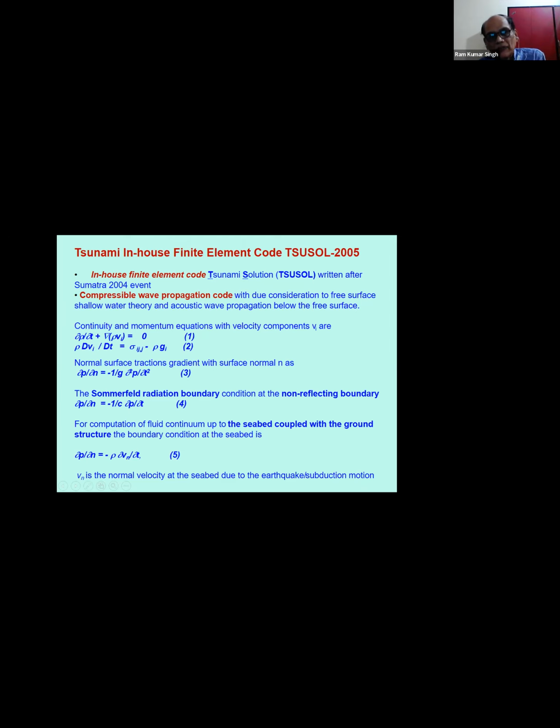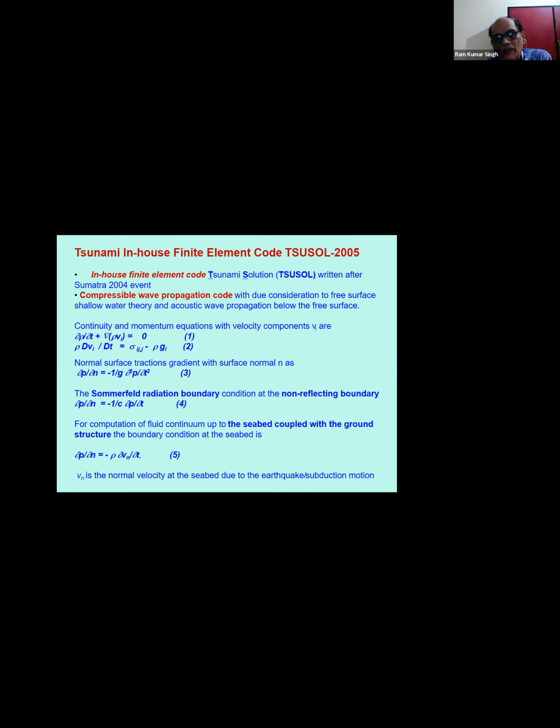Of course, nowadays with the national warning system, they have global models where they simulate everything, but then it takes a lot of time, and particularly as the tsunami is progressing, one has to focus on the local area. So from that consideration, you have to curtail certain boundaries, and that is known as the Sommerfeld radiation boundary condition or the non-reflecting boundary condition. That means a tsunami wave which is going will just go out. It will not reflect back, since that area is of interest and we are only limiting to that.